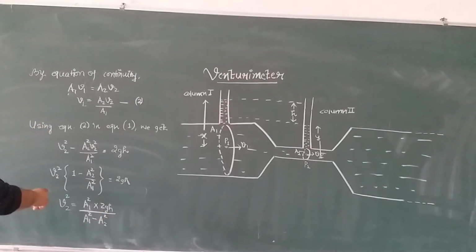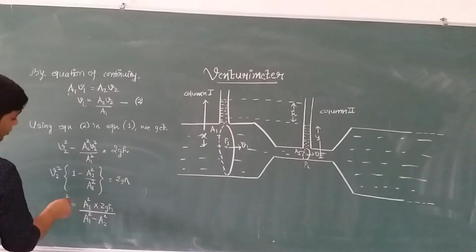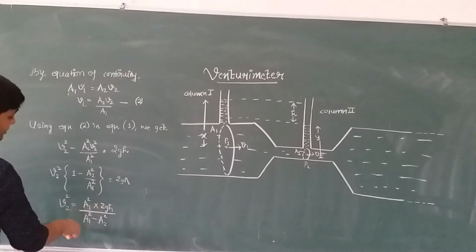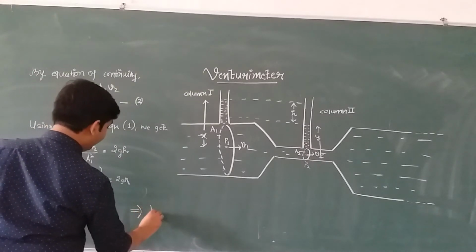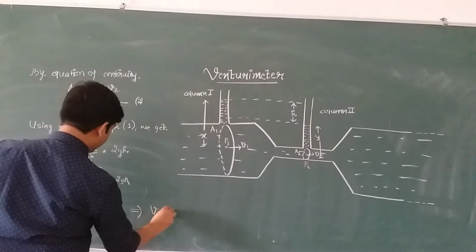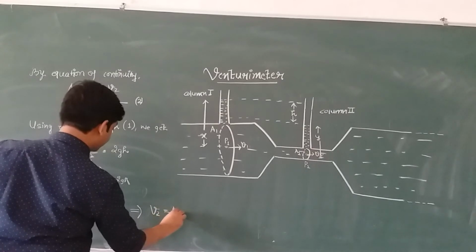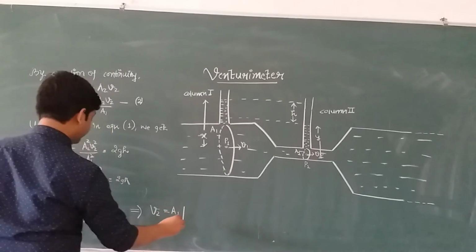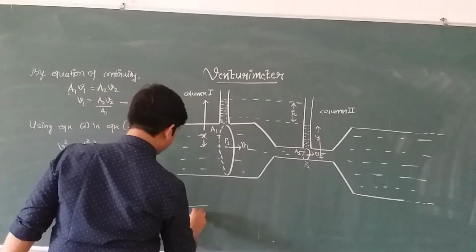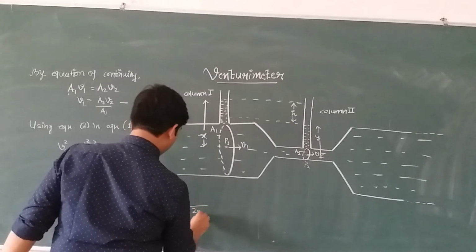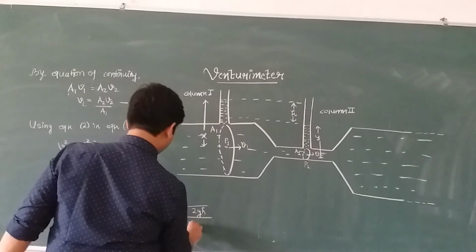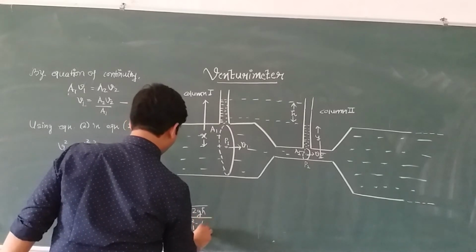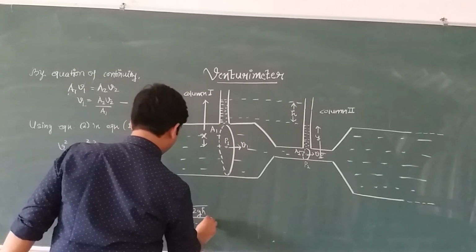So now if I take the square root on both the sides, this A1 square will come out and it will become A1 and this whole thing will come under root. So from here we will have V2 is equal to A1 under root of 2gh upon A1 square minus A2 square.